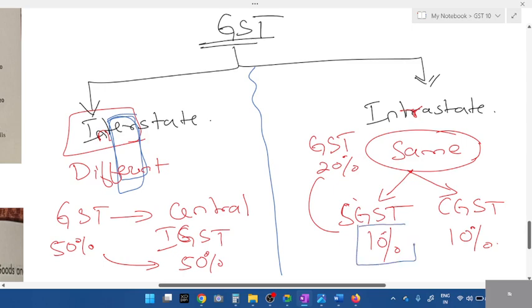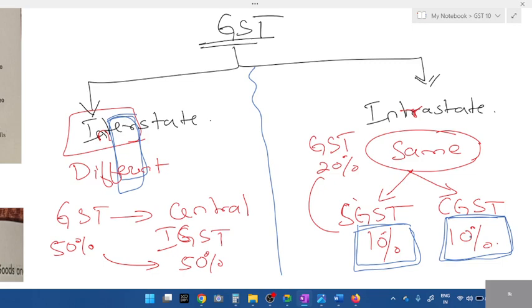To the Karnataka state, I have to pay 10%, and to the central government, I have to pay 10%. If I was in some other state, Kerala, Tamil Nadu, Andhra, and I am teaching you all, then that will be a different state, the IGST concept. And how will you remember? Remember ER here, and the other one is just the opposite.